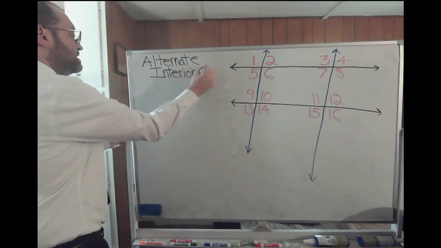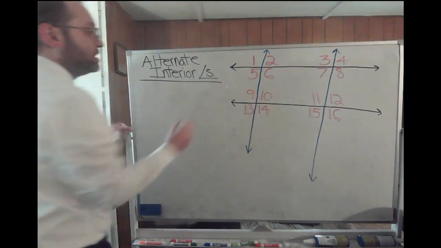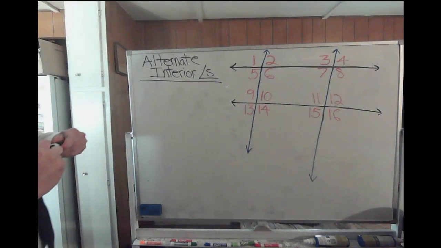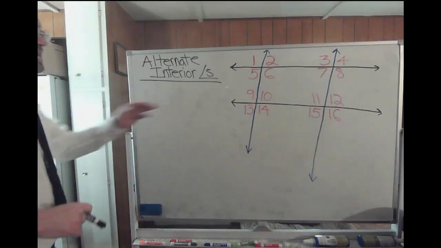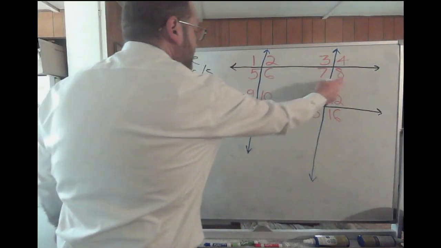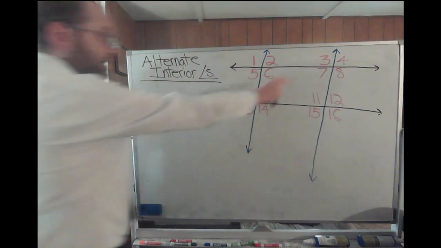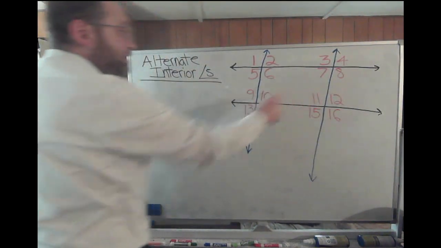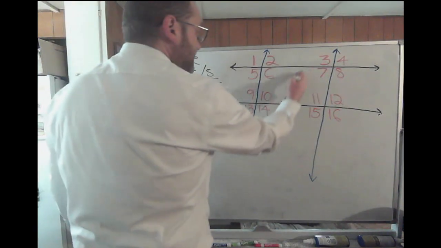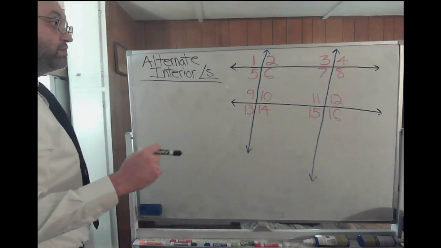So now we're going to talk about alternate interior angles. Well, as you guessed, as the name implies, they're on the interior. So 5, 6, 7, 8, 9, 10, 11, and 12 would be your interior angles because they're on the inside of these two lines, therefore they are alternate interior angles.